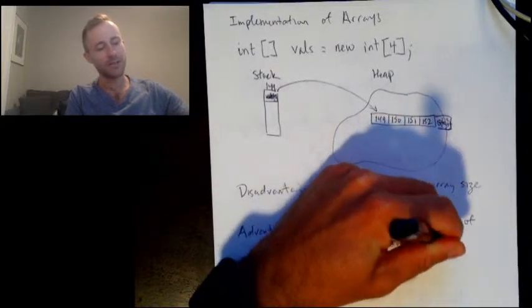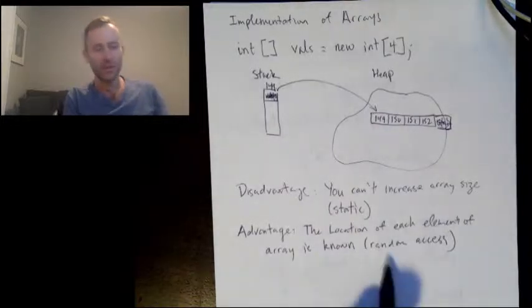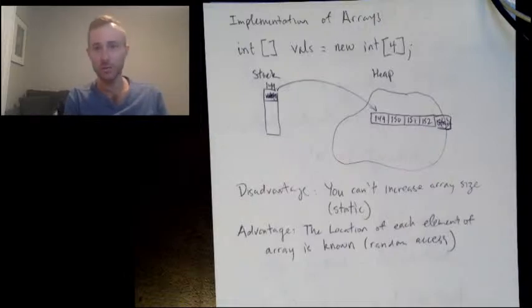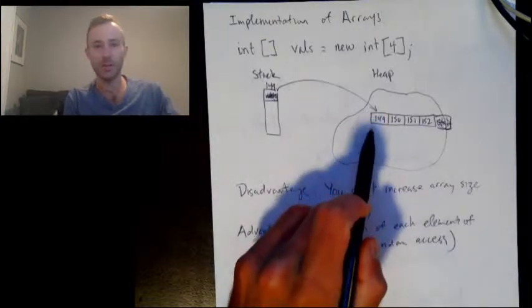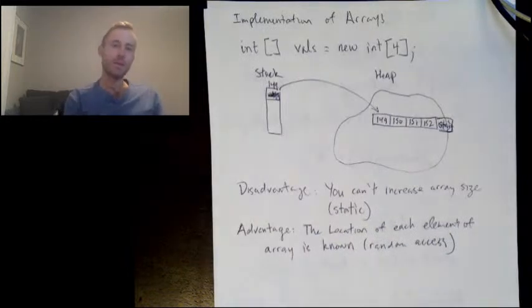You can access a random element of the array in the same amount of time as it takes to access any other element. It takes the same amount of time to get to each spot, because it's just a simple calculation. If you want to know the 3rd element of the array, then you take the 0th element and you go 3 memory addresses down. Okay? So that's cool.